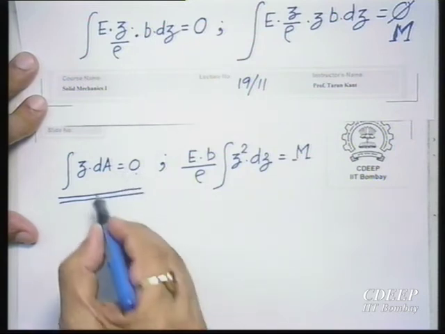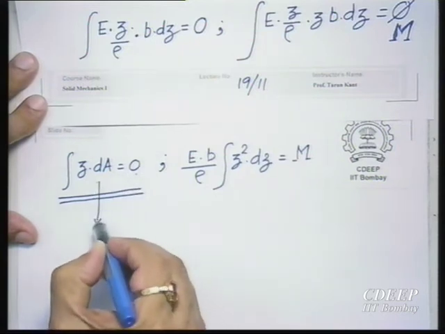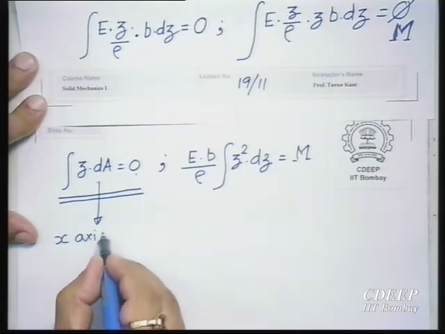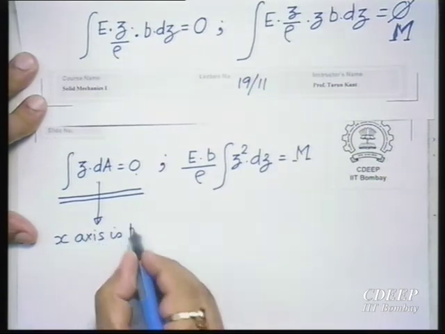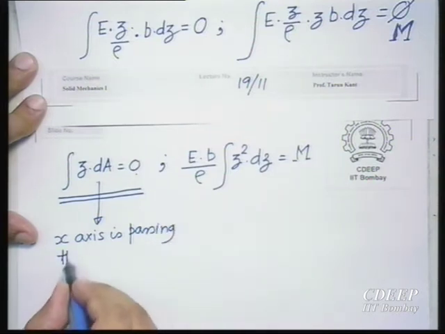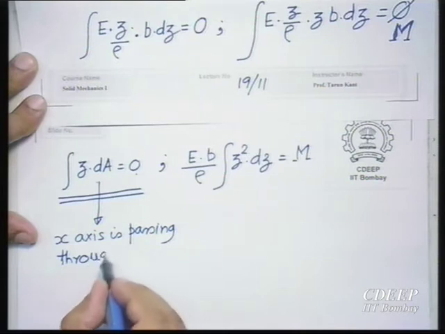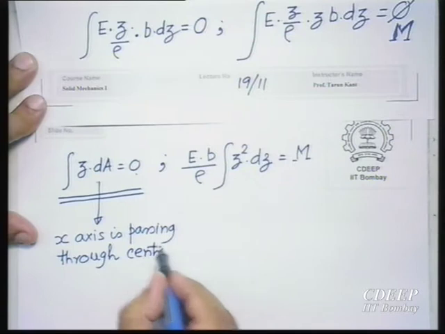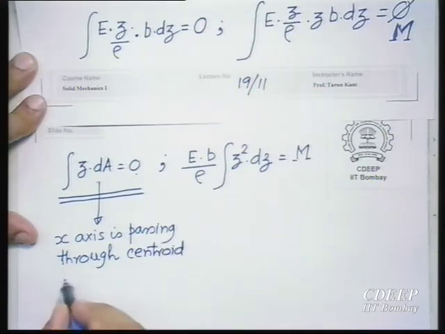Since this is 0, this gives us that my x axis is passing through the centroid of the cross section.